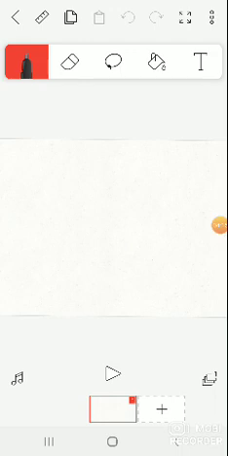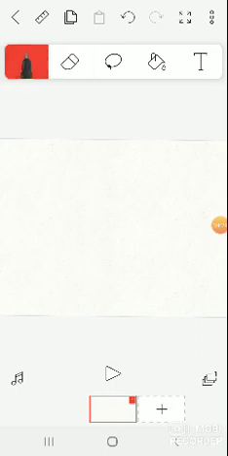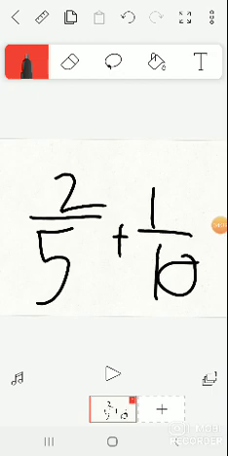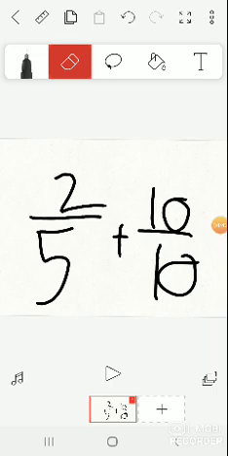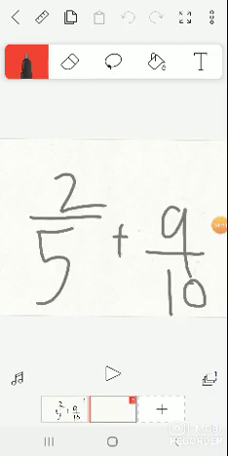Now, I'm just going to make a random number. 2 on 5, plus, we could easily go 9 on 10. Now, putting them on the same denominator is a little bit of an easier strategy. If it's 9 on 10, it's a pretty simple question.